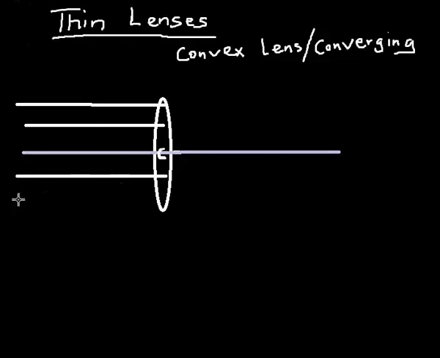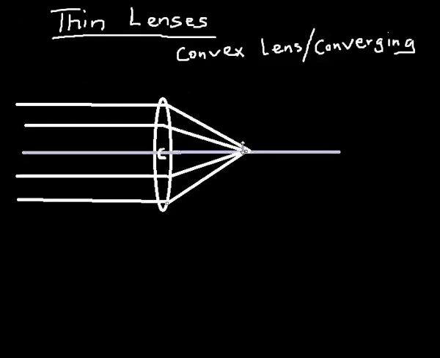But as they undergo refraction, all of them will converge at a common point known as the principal focus of the lens. That is the reason why a convex lens is also known as a converging lens, because all these rays of light converge at the principal focus.